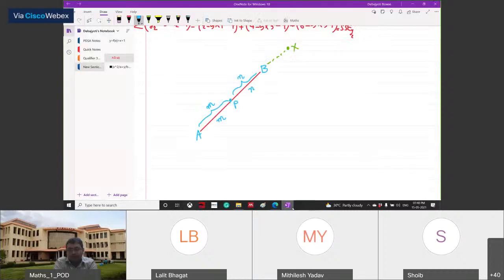So basically, A is x1, y1 and B is x2, y2. Okay. So x is equal to m into x2, see, it is not m into x1, okay, like our cross multiplication. m into x2 plus n into x1.